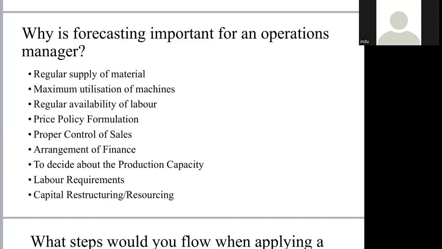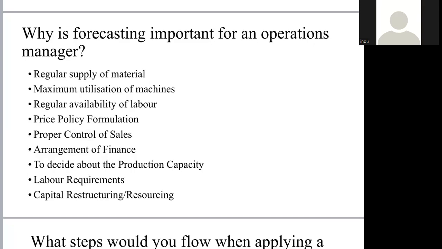Demand forecasts are calculated region-wise, and then the sales targets for various areas and regions are fixed accordingly. So this later becomes the basis to evaluate the sales performance.